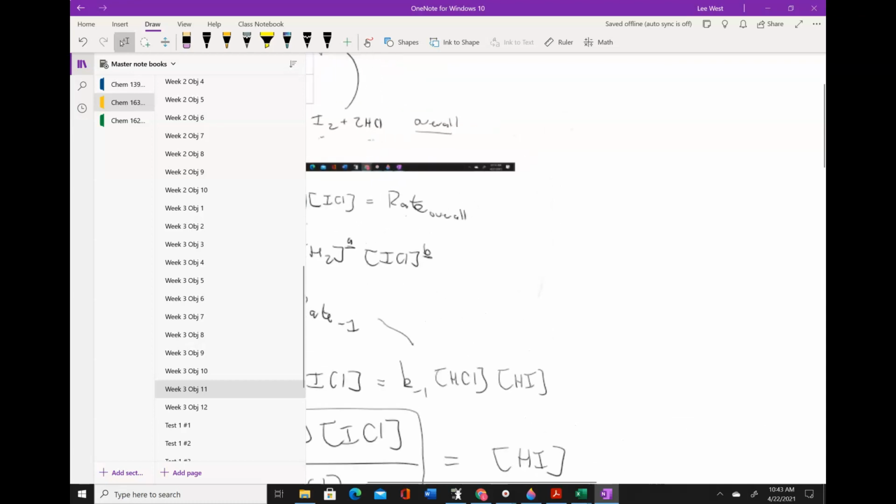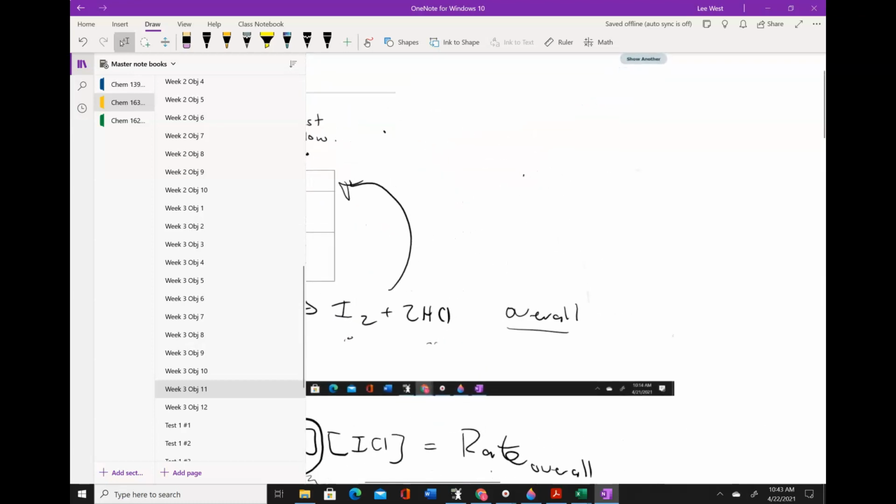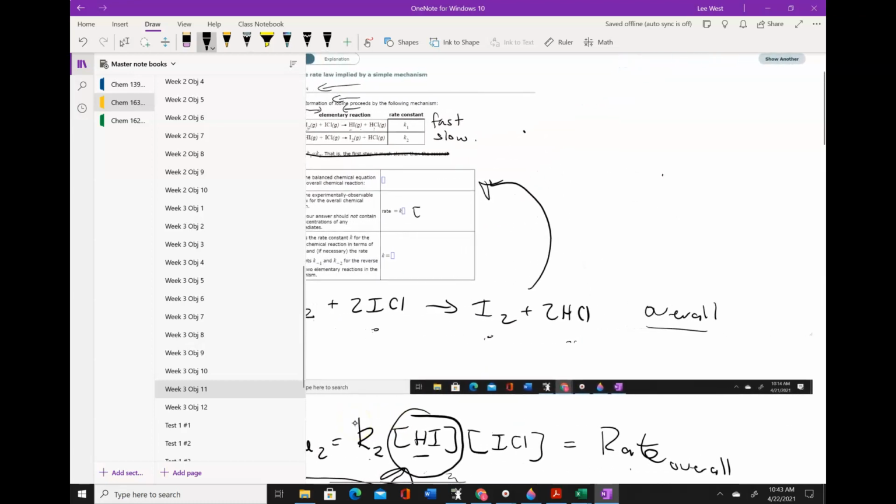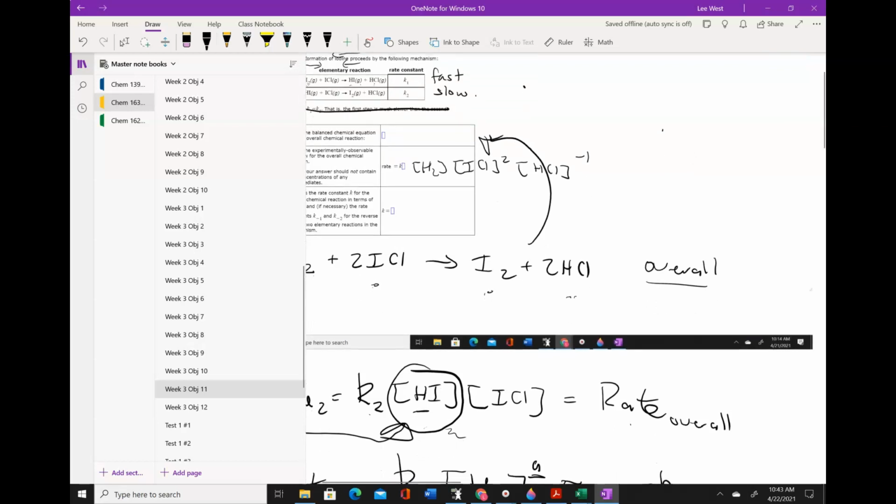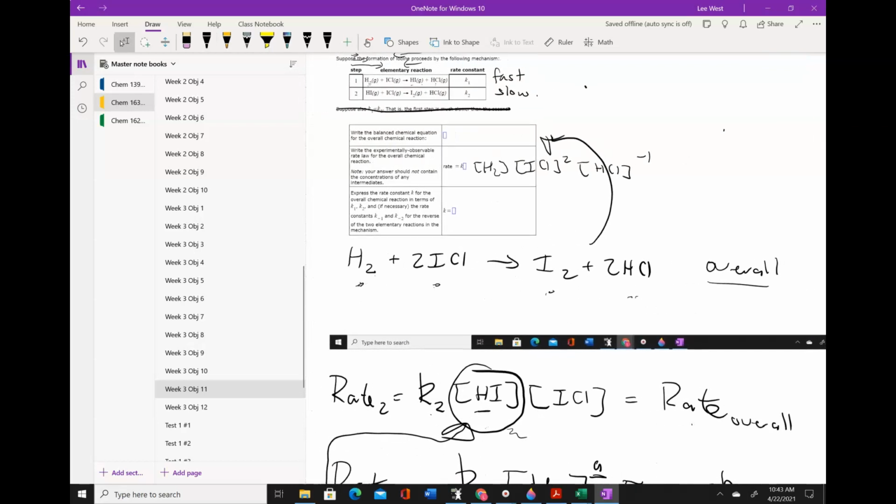And none of those things are intermediates, right? So first order in H2, second order in ICl, and then -1 order in HCl. And when I look in here, all of those things, H2, ICl, HCl, appear in my balanced overall equation. So I'm good there. I don't have any intermediates.